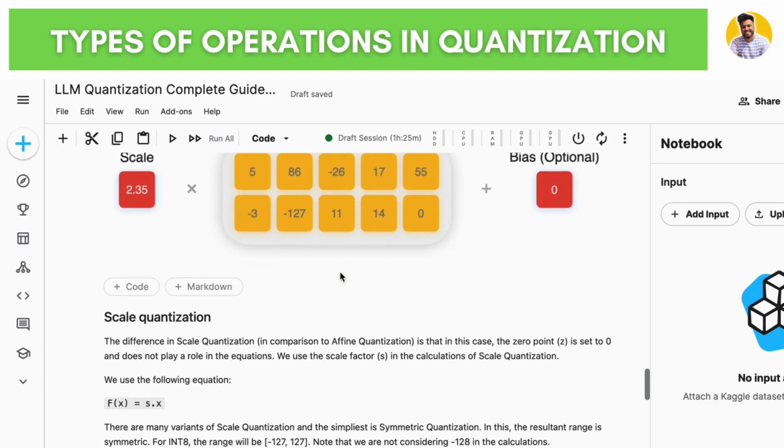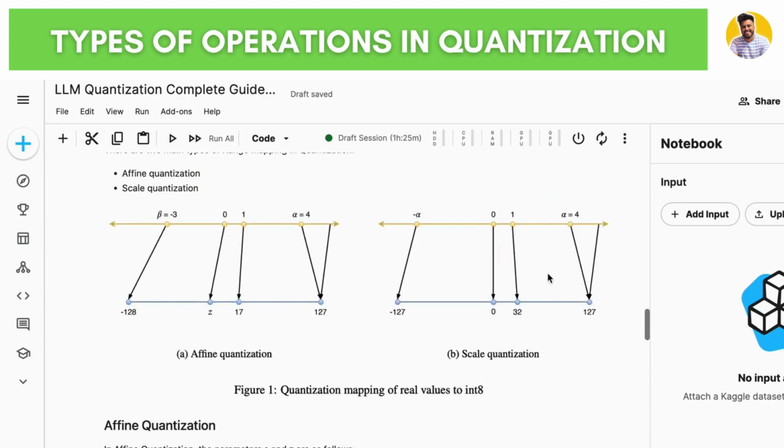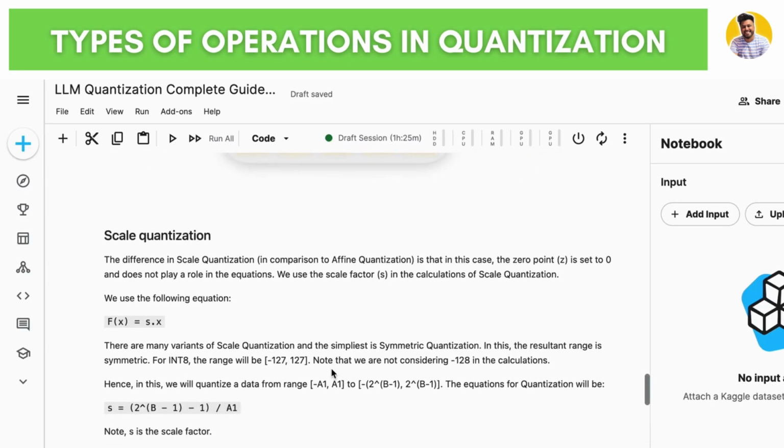But if we talk about the scale quantization, in scale, if you just see this graph, the 0 is mapped to the 0 in the low precision format as well. So you don't need to calculate any Z value here. The formula remains the same, but we just don't need to calculate the Z value.